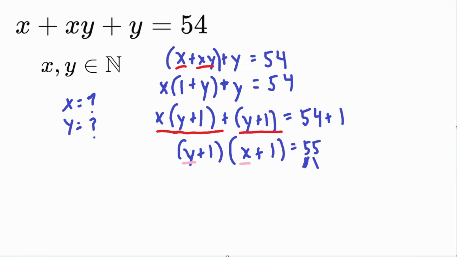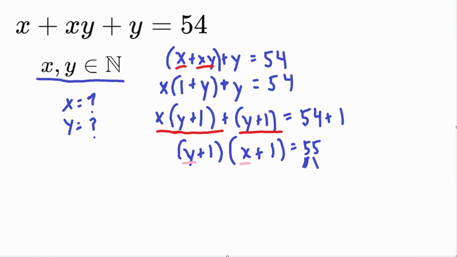Well, these two values that we're looking for have to fit the criteria that is stated here. The x and y have to be positive numbers that are integers. So no decimals allowed, no zero, positive numbers, okay? So which two positive integers with no decimals come to mind that multiply to 55?